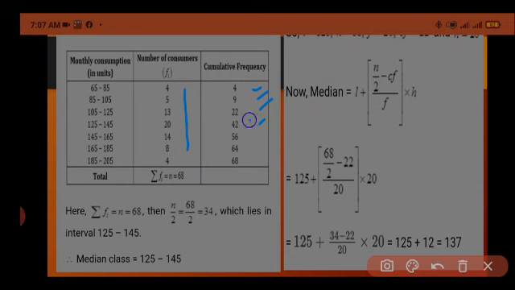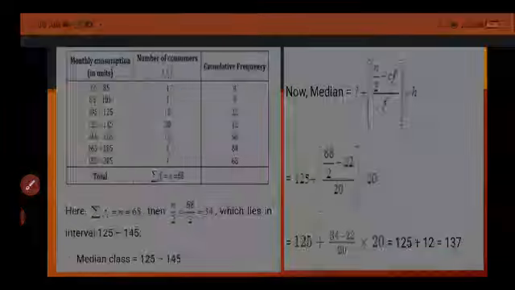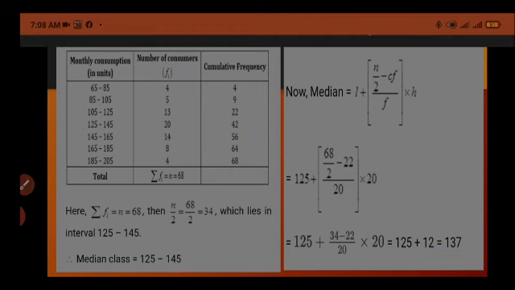So it will be situated under this, yes or no? Okay. Now, so the 125 to 145 will be the median class. So median is equal to the formula L plus (n by 2 minus CF) by F into H. That formula we will fit.